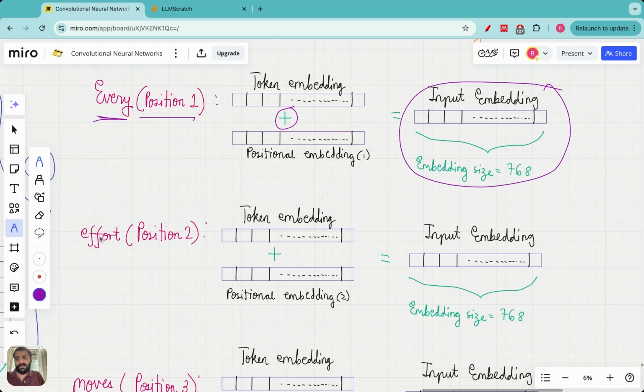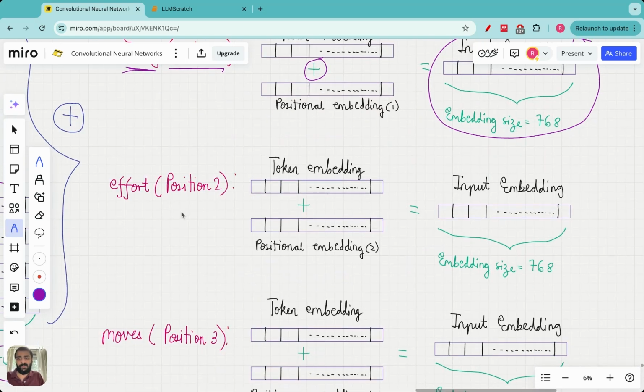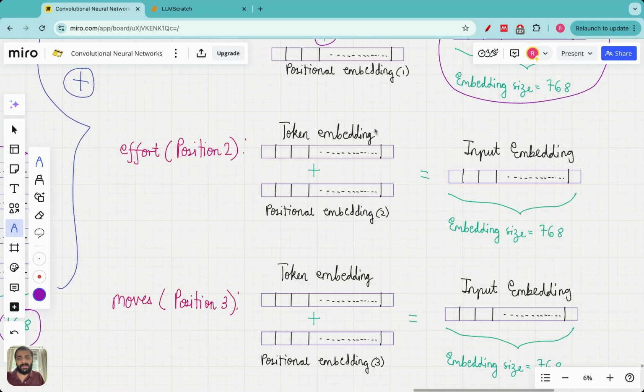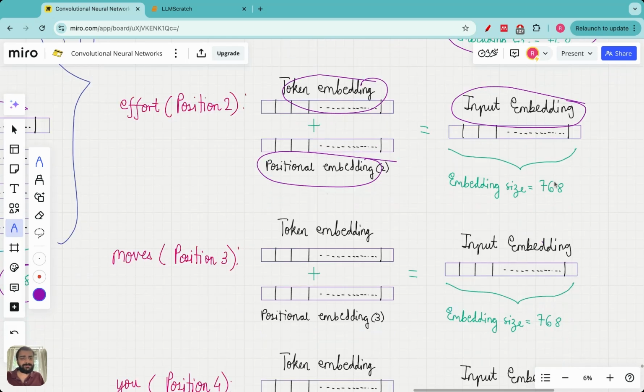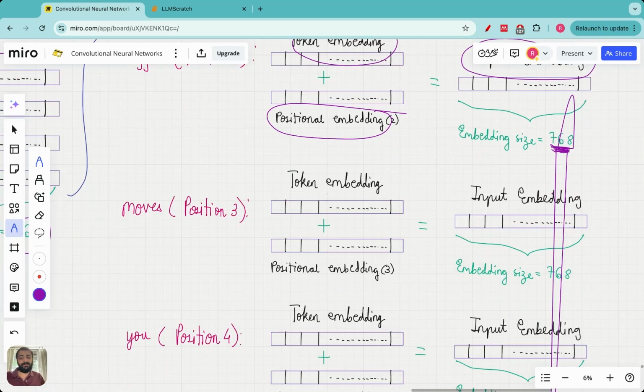Then effort. So when you come to effort, which is the second word, it's in second position. So we take the token embedding for the second word and we add it with the positional embedding for the second position, and we get the input embedding for the second token, which is effort. And here again the embedding size is equal to 768. You can see over here, which I am marking right now in purple color, the input embedding size for the second token is 768.